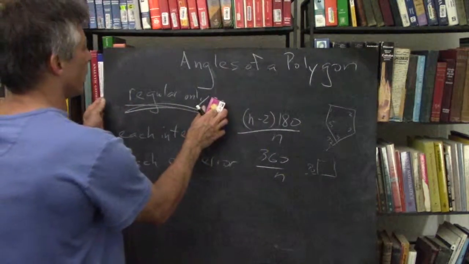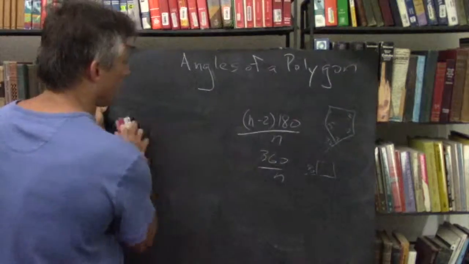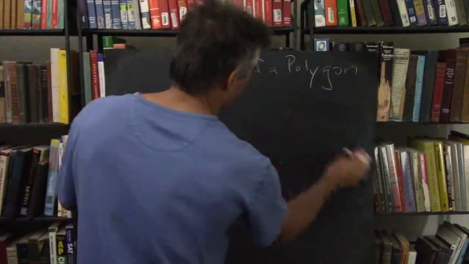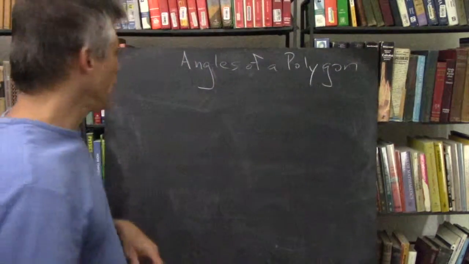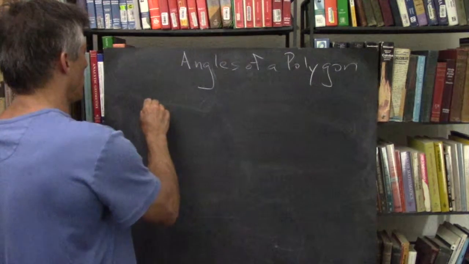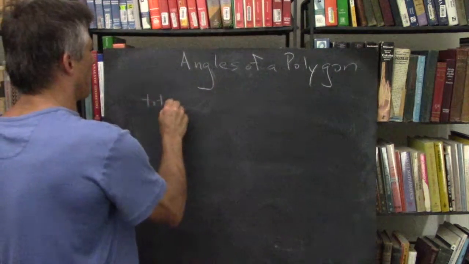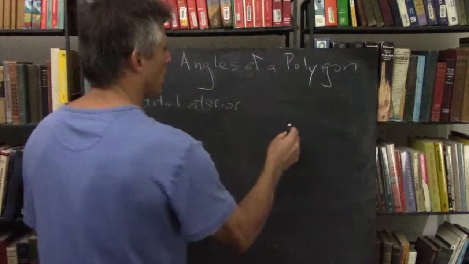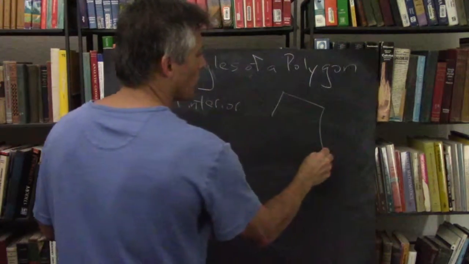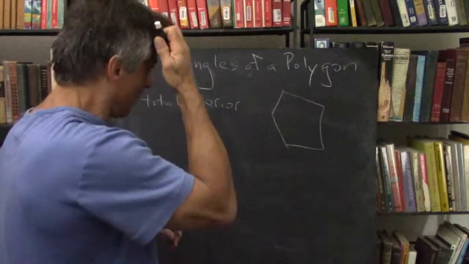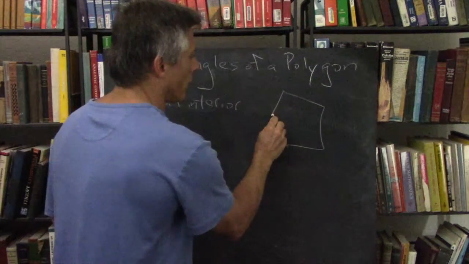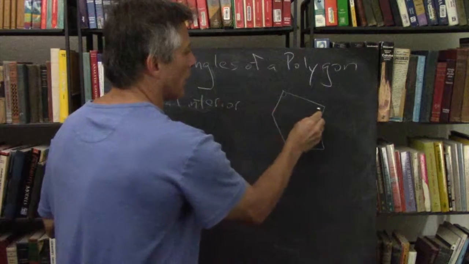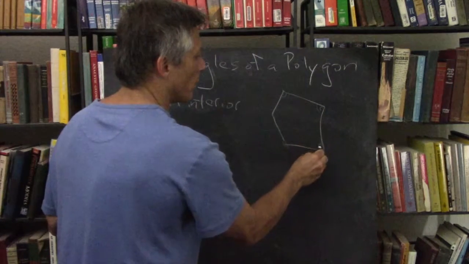Alright, so quickly, to get the total interior angle measure, no matter what kind of polygon we have, if we start at one, we want to find out what all these angles add up to.